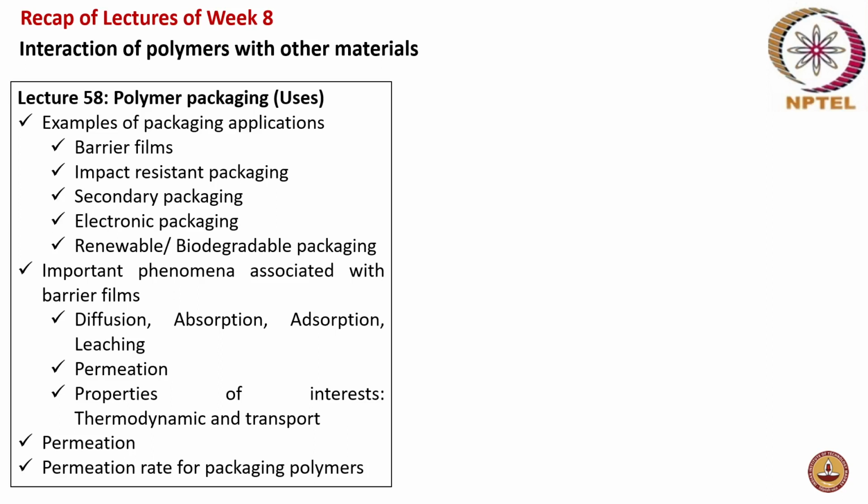And then what about renewability of packaging? One more important thing that was discussed is that polymers are used for packaging, that is known. But what is the percentage of polymers used in the packaging sector? Any idea? Nearly 40% of the packaging materials are made of polymers.